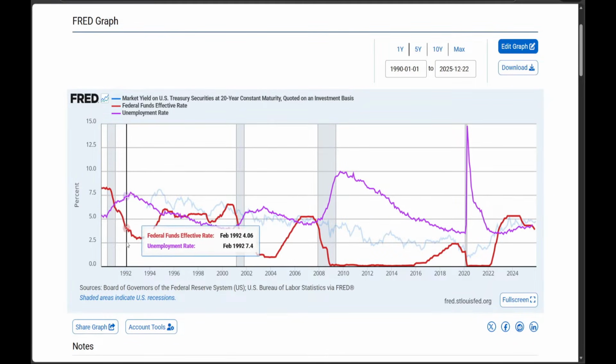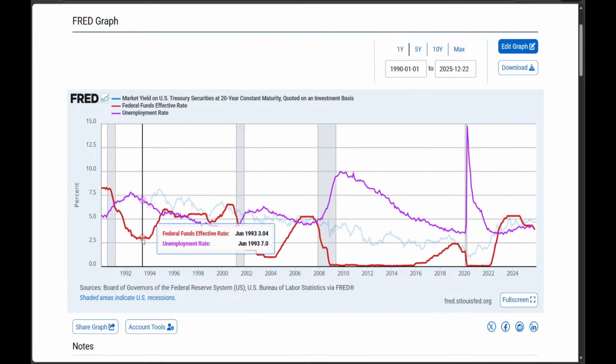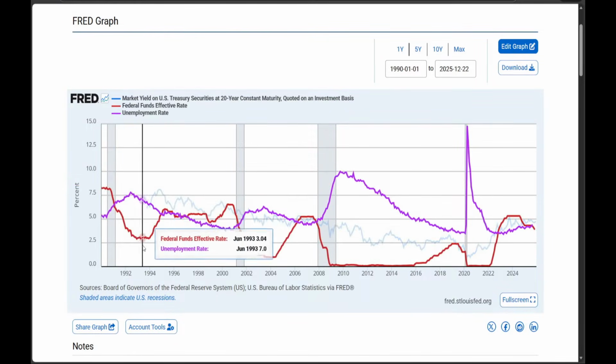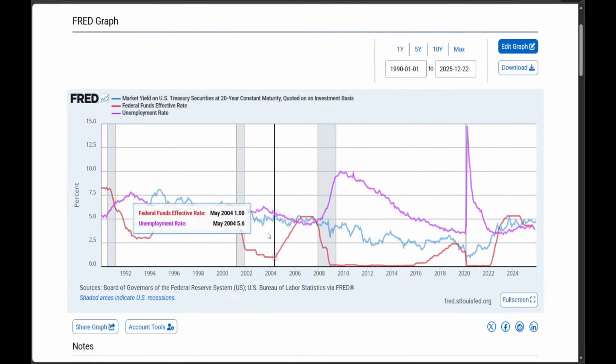Even back here, when the effective rate pulled down to 3%, which at that time would probably have been a 2.75 to 3% rate, or 3 to 3.25% rate, this could essentially be considered a ZERP as well, because the whole ZERP process didn't really start until the early 2000s.